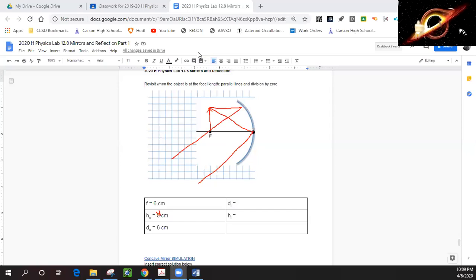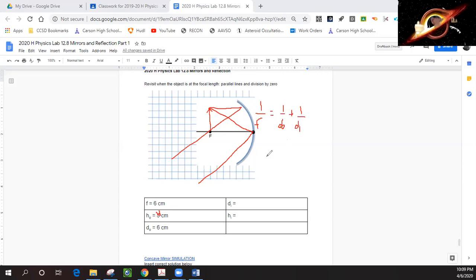Now let's do the equation here. It has 1 over the focal length equals 1 over the distance of the object plus 1 over the distance of the image.